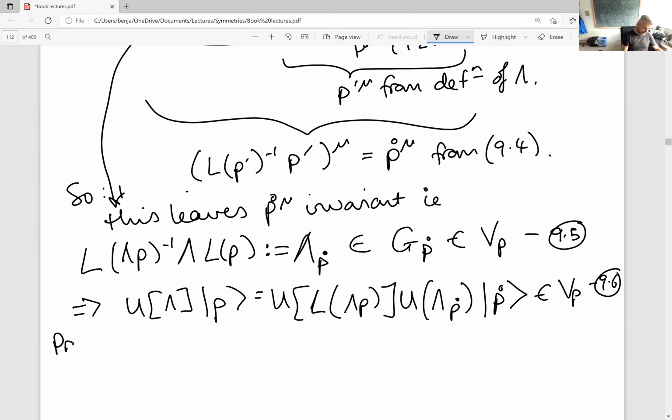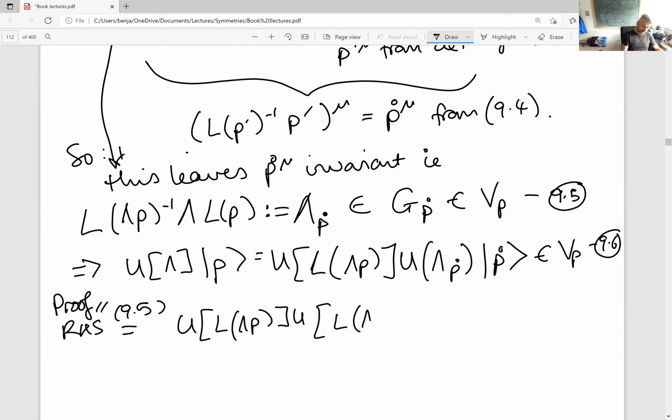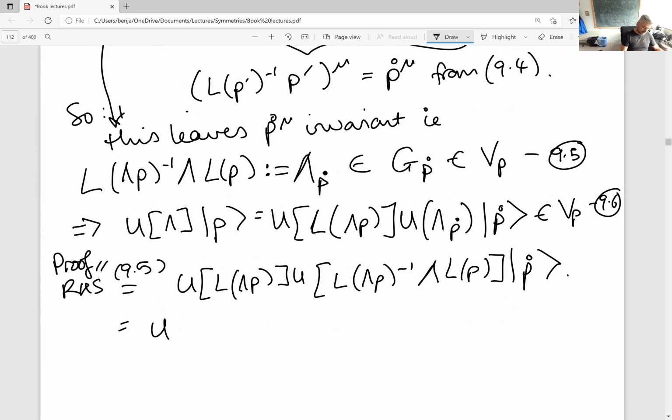The proof of this is that the right-hand side of 9.6 is U of L lambda P, U of L lambda P to the -1 lambda L P acting on P dot, which is equal to U of lambda P. The unitary operator of a product of Lorentz transformations obviously ends up being a product of the unitary operators of each.